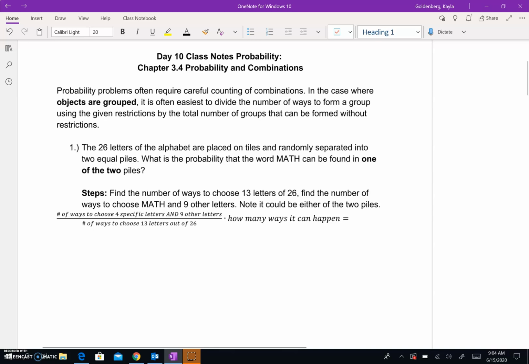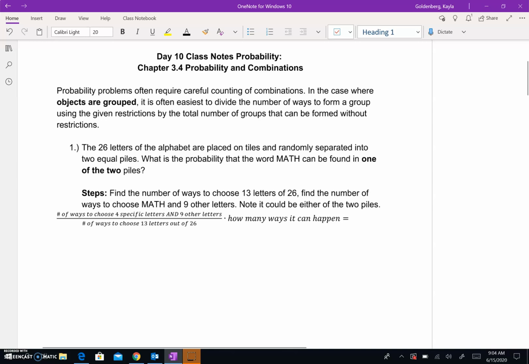So tomorrow, as we do practice together, make sure that you're asking questions, you're helping each other, you're explaining things in different ways as we try and gain a better foundation of what strategies to use when. So probability problems often require careful counting of combinations.